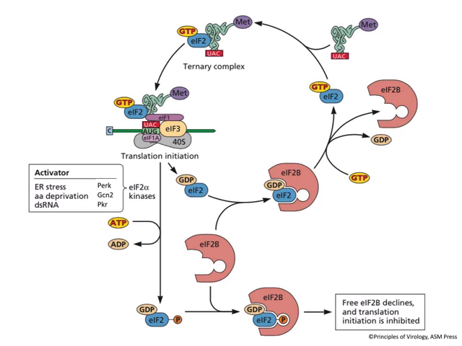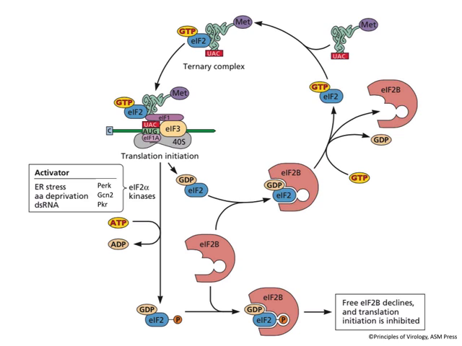The way this is regulated is by phosphorylation of this eIF2 protein subunit. And there are a number of cellular protein kinases that can phosphorylate eIF2 in response to various stresses. For example, endoplasmic reticulum stress.